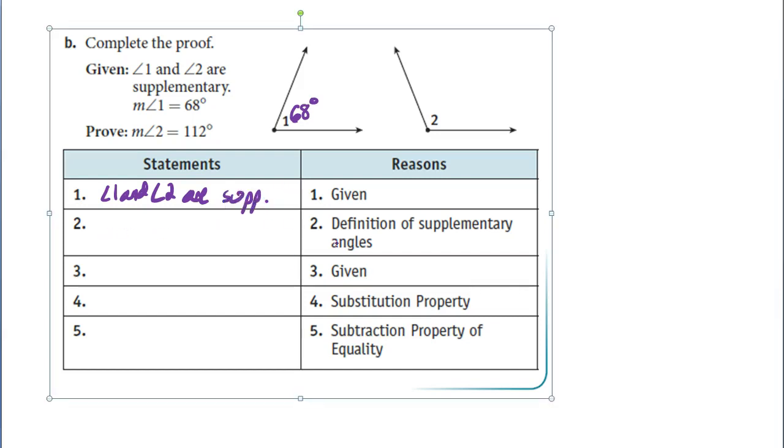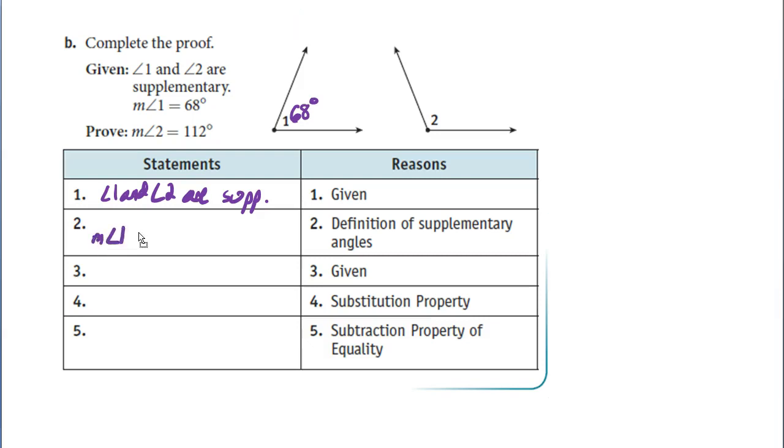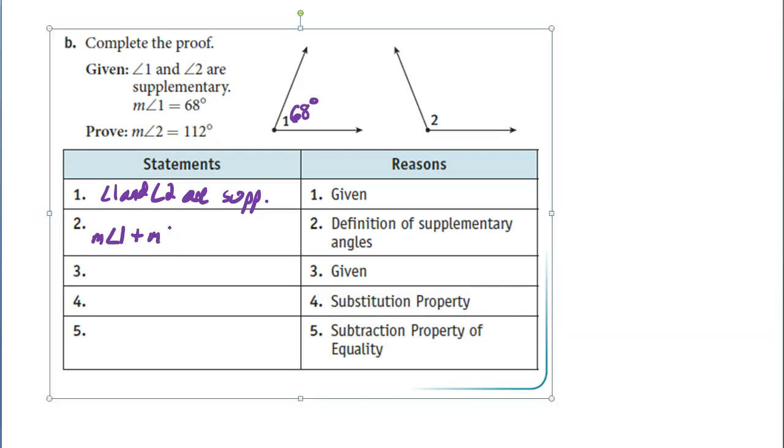Okay, in the next one, notice that the reason is the definition of supplementary angles. So if that's the reason for making some kind of assertion, what would be a logical assertion that was made from that previous step? Well, the definition of supplementary angles says that if angles are supplements, then their measures add to 180 degrees.